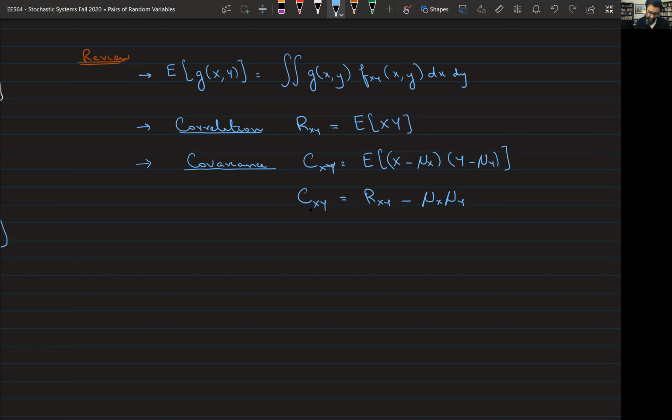We also said if Rxy equals 0, the random variables are said to be orthogonal.